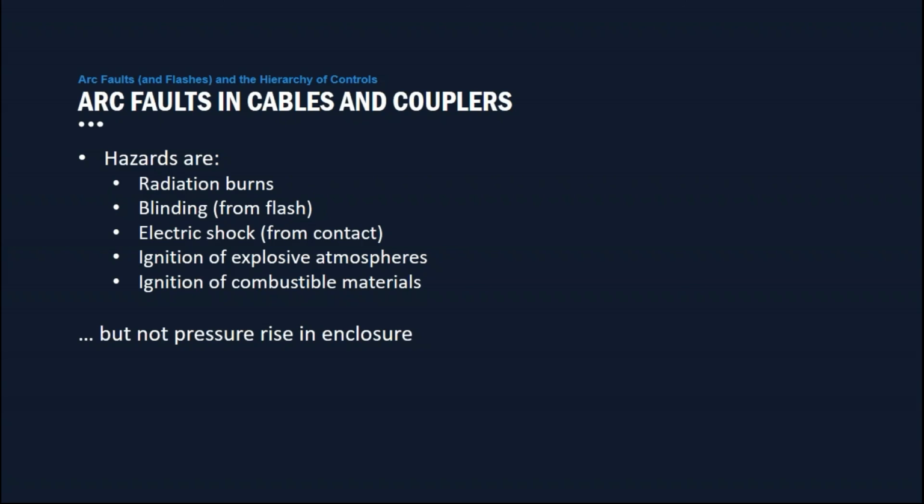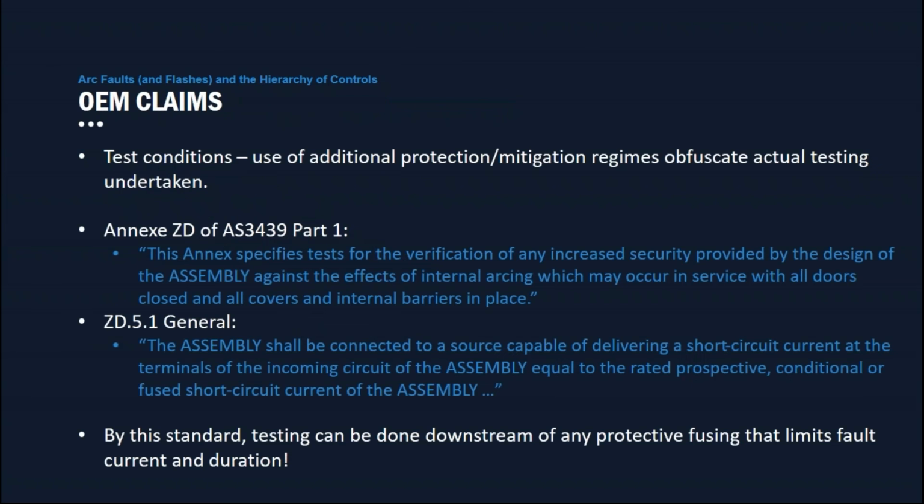You've got blinding from the flash, electric shock. We have potentially ignition of explosive atmospheres and combustible materials. But significantly, there's no pressure rise. Because the cable generally isn't inside an enclosure, there is no pressure rise. So in that sense, they are slightly less hazardous than arc faults in enclosures.